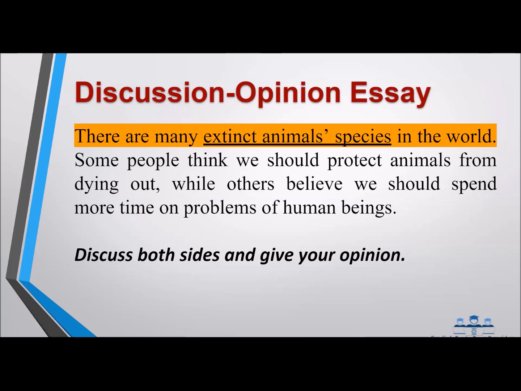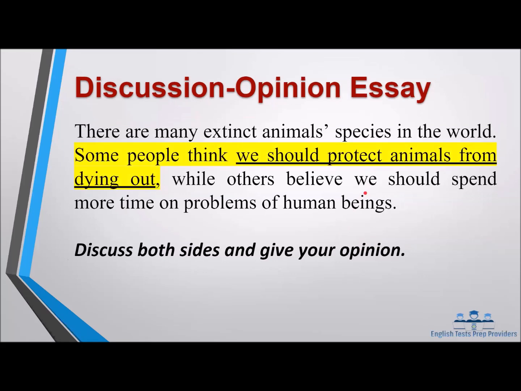So probably for main paragraph one, the first side, is some people think that we should protect animals from dying out. So this group of people believe in protecting animals from extinction.